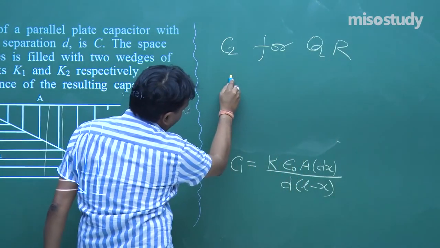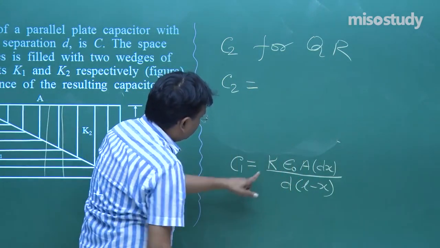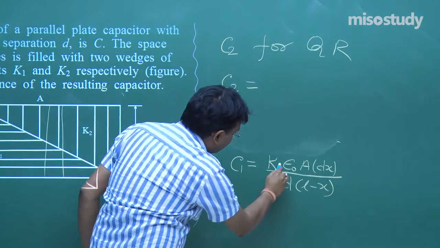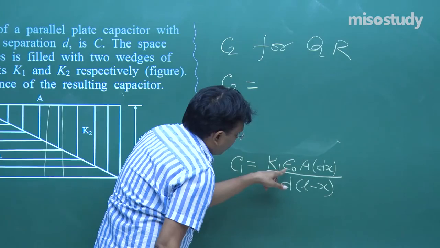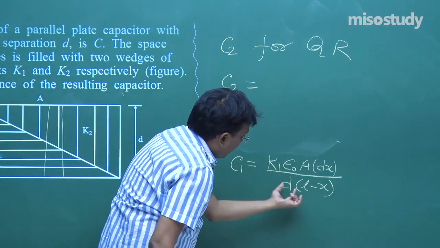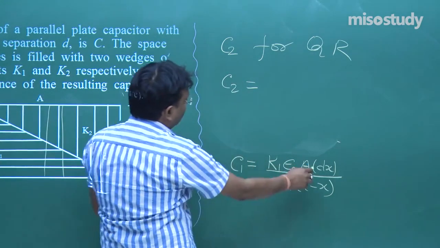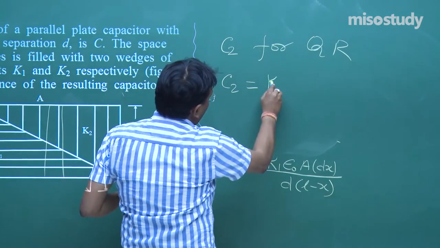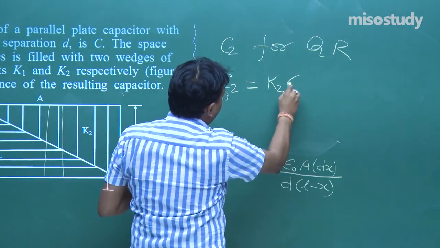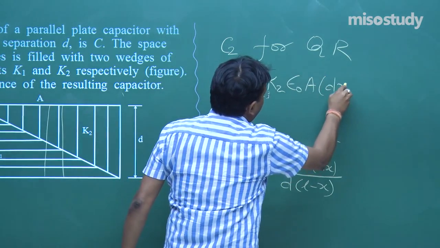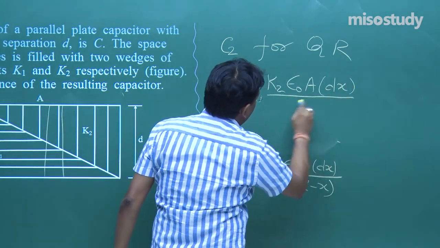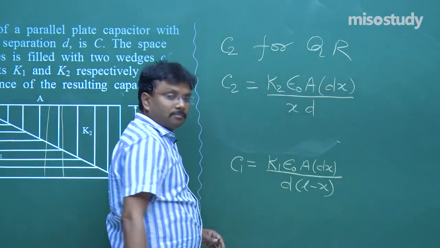Directly I will write down the value for C2. In the same fashion, C2 is equal to K2 epsilon naught A dx upon x into d. Only the denominator is different.